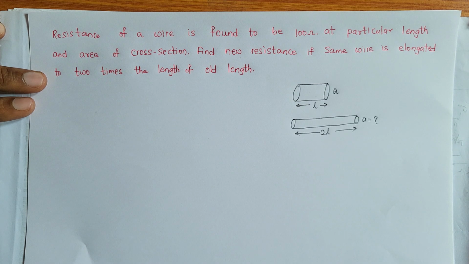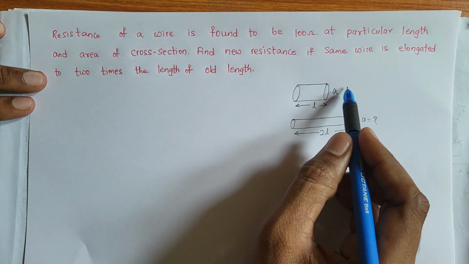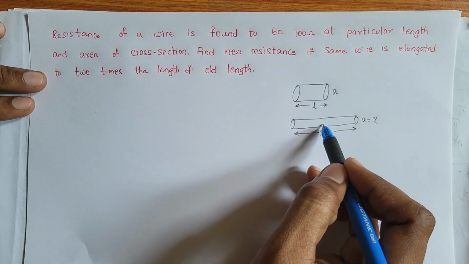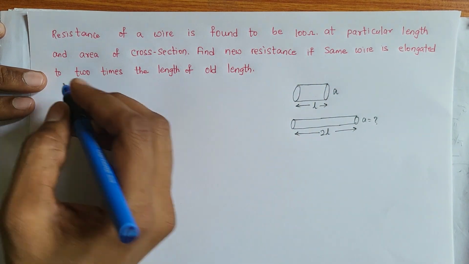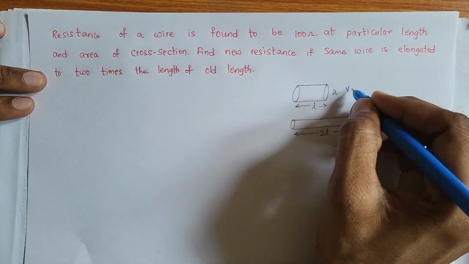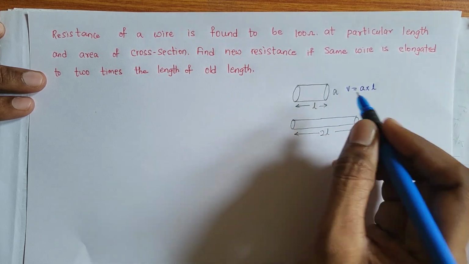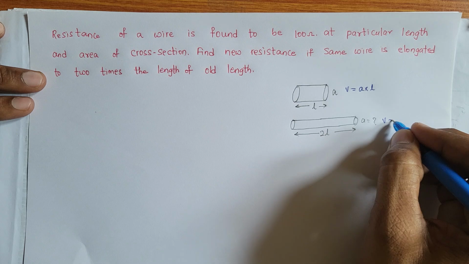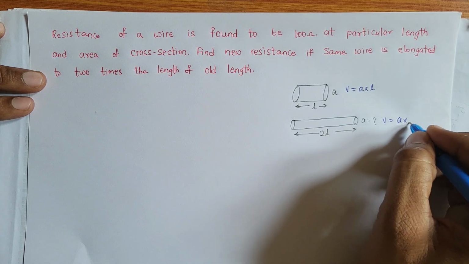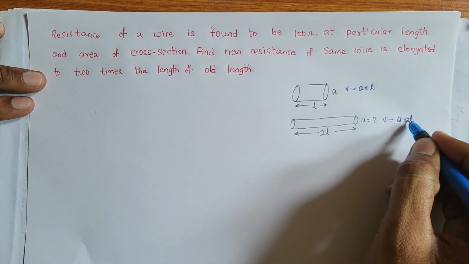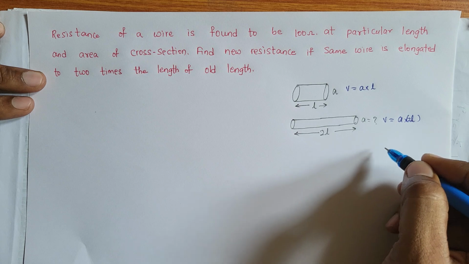As the volume did not change, we can use the formula for the volume. Volume of this material will be equal to volume of this material, correct? So here volume V will be equal to area into length. Here also volume will be equal to area into length only. Length has become 2L, but area we don't know.